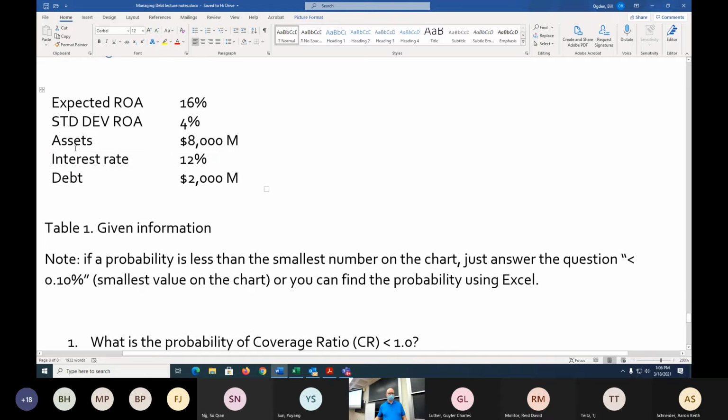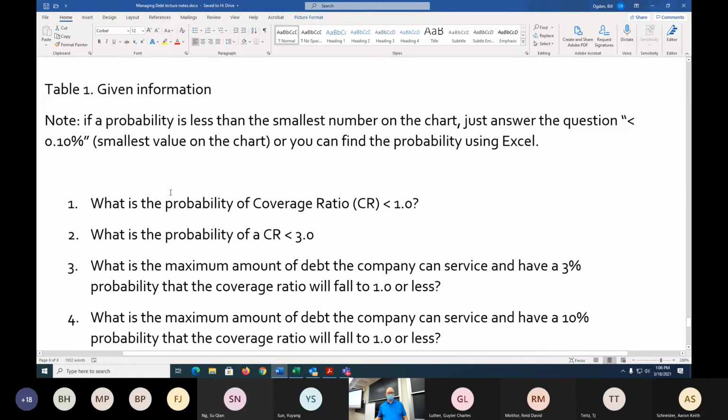So our first question is, given the numbers, expected ROA, standard deviation, same numbers we've seen all along, just different values, same types of numbers. What's the probability of a coverage ratio of less than 1? That's exactly what we've been doing. All right. What's the probability of a coverage ratio of less than 3?